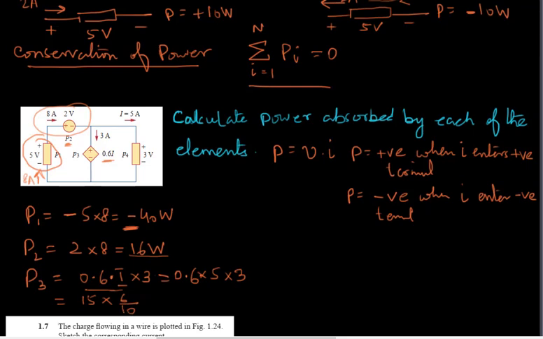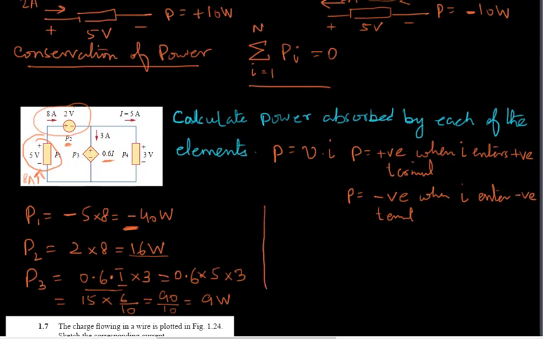I'm just going to solve it like this, and 15 times 6 is going to give me 90 over 10, or simply 9 watts. So P3 is 9 watts, and since it's positive, it's actually consuming power. So if this were a voltage source, then this voltage source was not delivering power, it was getting charged.